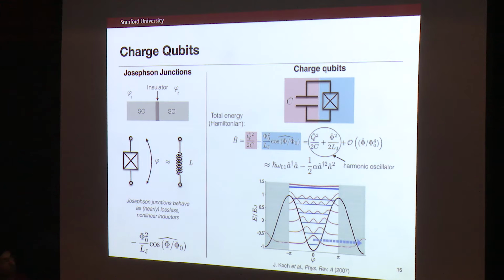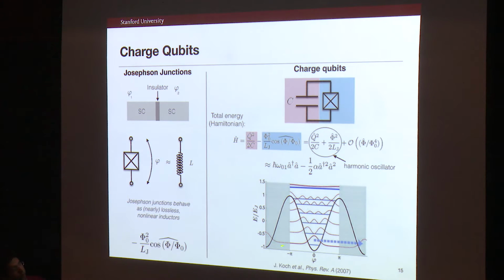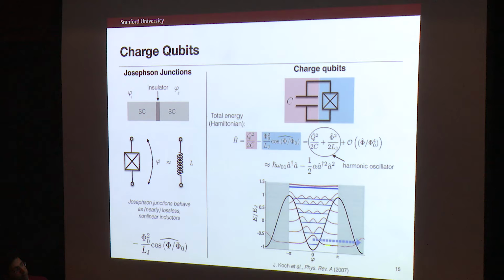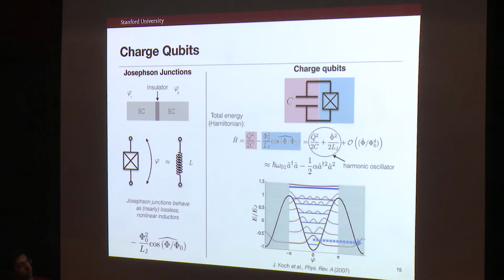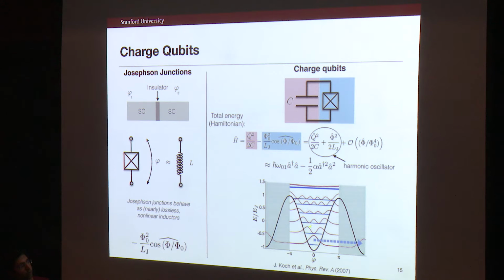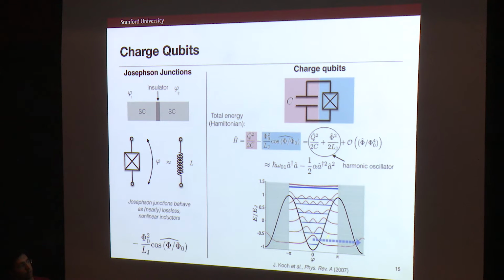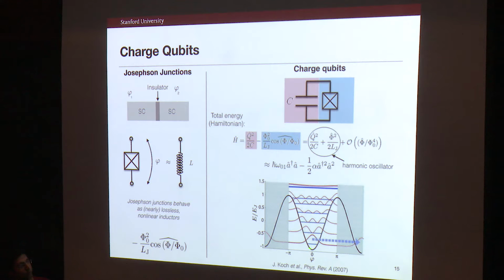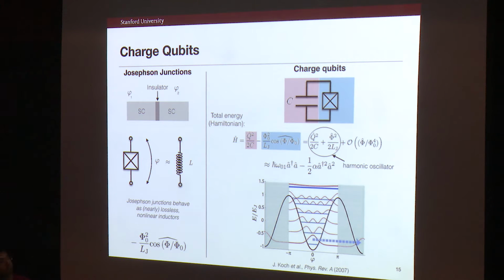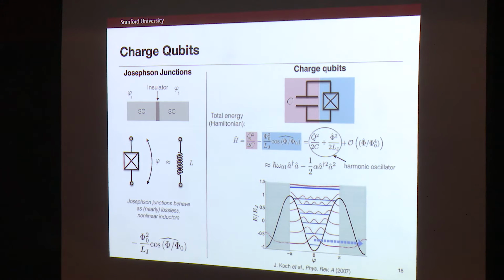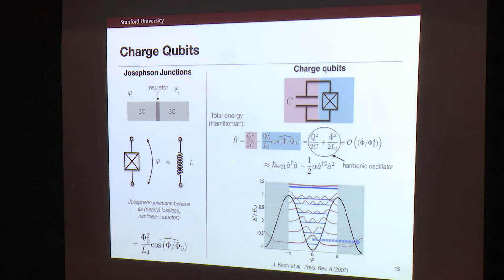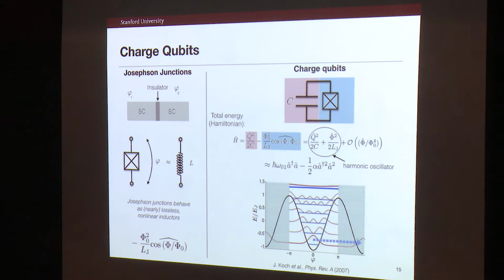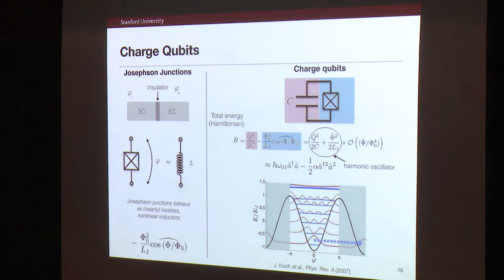You can do that as long as your ground state wave function is highly localized in phi, so it dies out and only samples a very small part of this phase. To get that, you have to make the capacitance very large, and that's how transmon devices work.